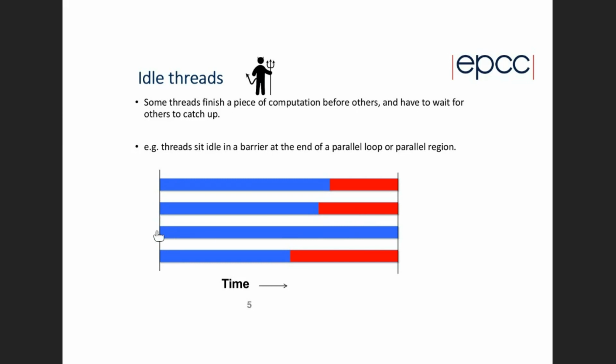So for example, the 3rd thread here takes longer than the others, all the other threads will be sitting idle in the barrier at the end of the parallel loop or the end of the parallel region, waiting for the 3rd thread to finish. So that's a very, very classical load imbalance problem.